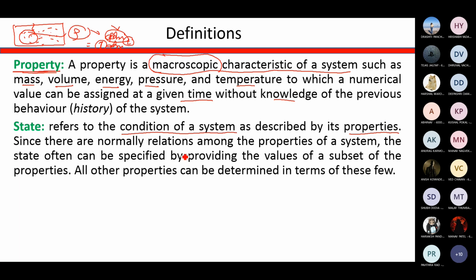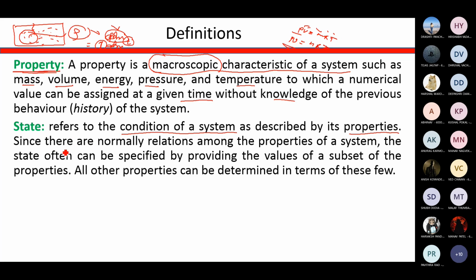Since there are normally relations among the properties of the system, one of the relations you already studied in physics, you may know this: PV is equal to mRT, or PV is equal to nRT. This kind of equation you have used, right? What this shows is the relationship between the properties of the system: pressure, volume, mass, the temperature, right?